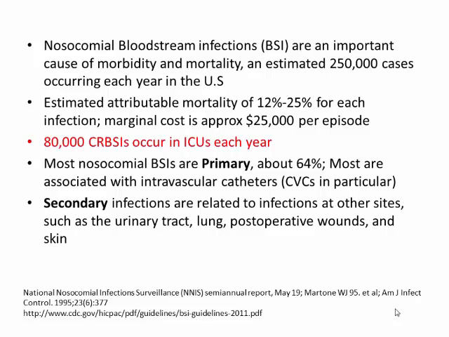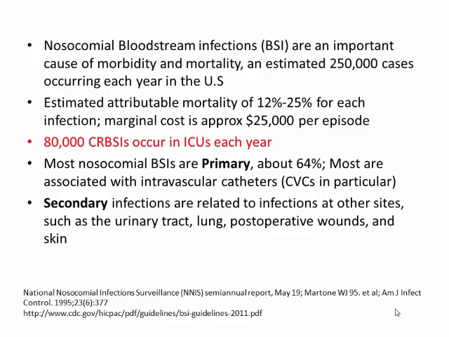So bloodstream infections in the hospital are an important cause of morbidity and mortality. For the last decade, maybe even beyond, we have an estimated 250,000 cases each year in this country. The estimated mortality for each infection is extremely high, 12 to 25%. Not to mention the cost, about $25,000 per episode.